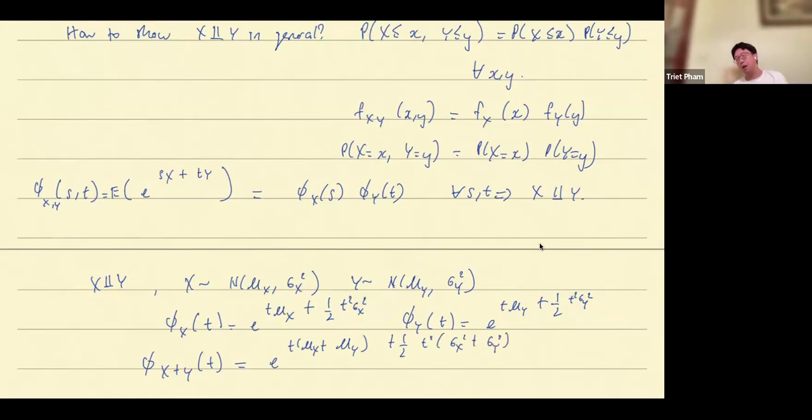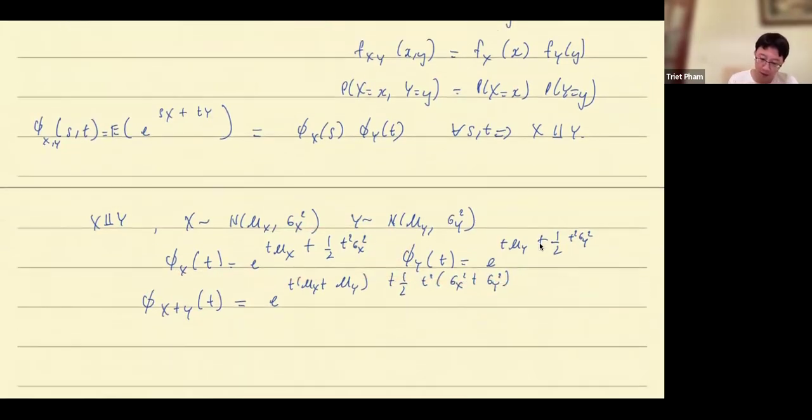And of course, this is of the same form as the moment generating function of a normal. So what we just established is the result that when you sum independent normals, as I think I mentioned before, you get a normal back.